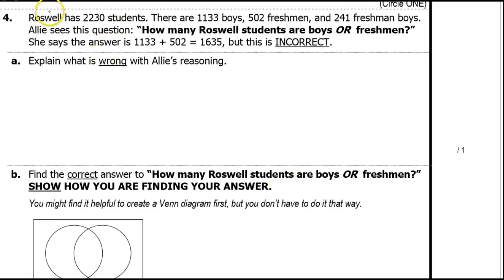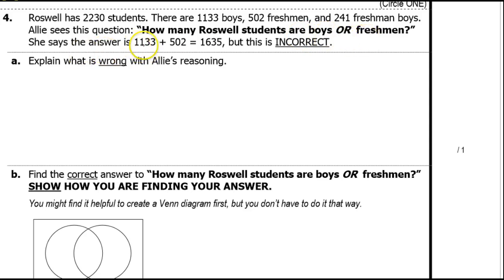Now, new scenario. Roswell has 2,230 students. There are 1,133 boys, 502 freshmen, and 241 freshman boys. Okay, Allie sees this question. How many Roswell students are boys or freshmen?